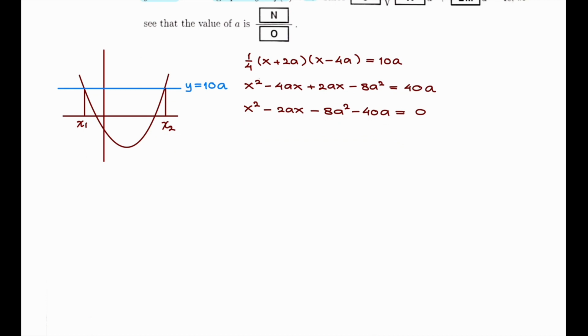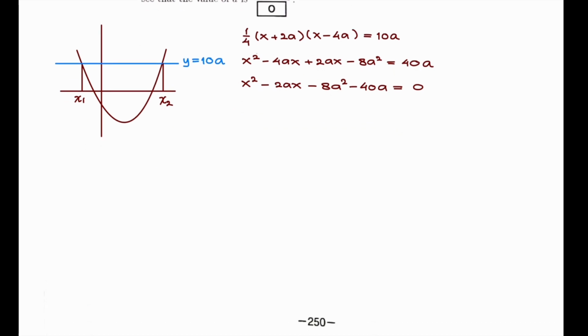I think I cannot factorize this expression because the last term contains a squared and a. So I think it is difficult for us to factorize this expression. So to find x1 and x2, I can use the quadratic formula.